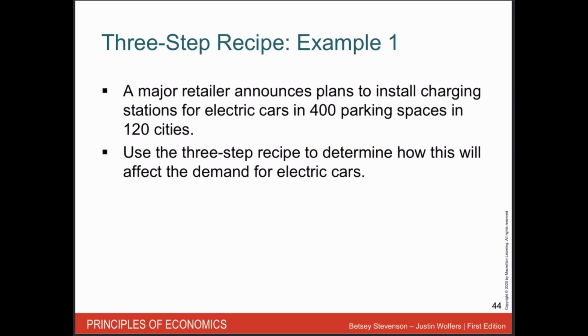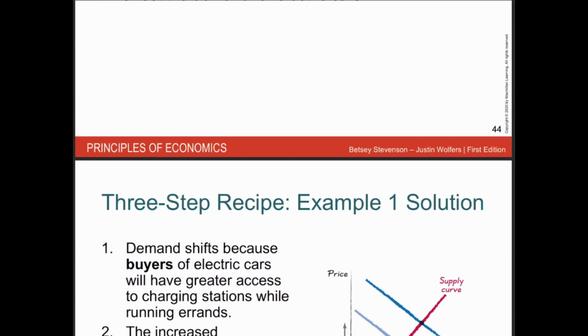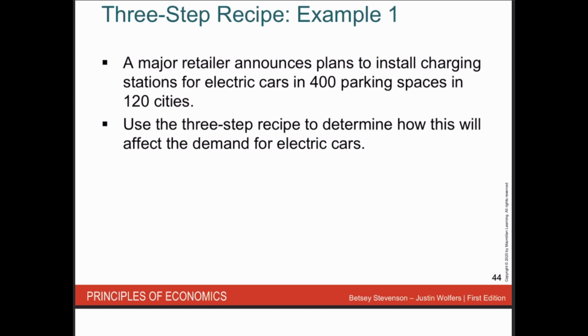The first example is a major retailer announces plans to install charging stations for electric cars in 400 parking spaces in 120 cities. Okay, so how will this affect the demand for electric cars? We can expect increased demand for electric cars, right?